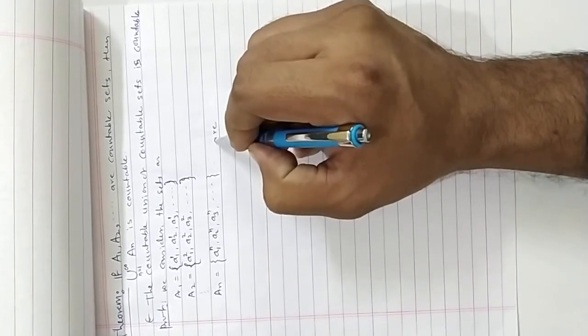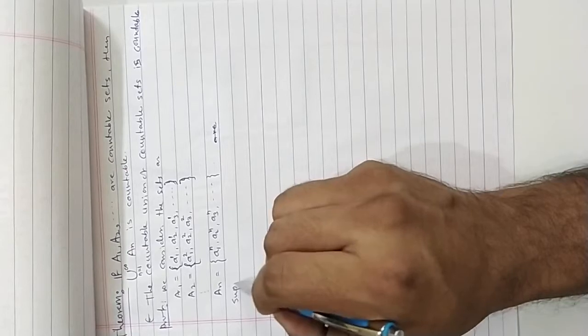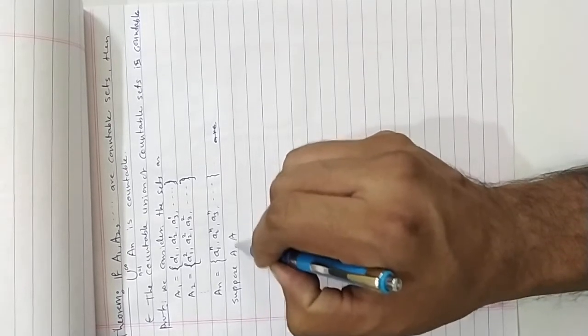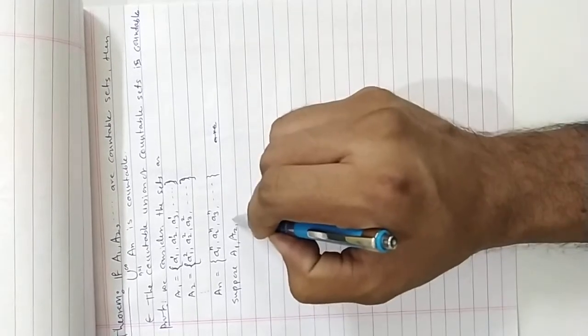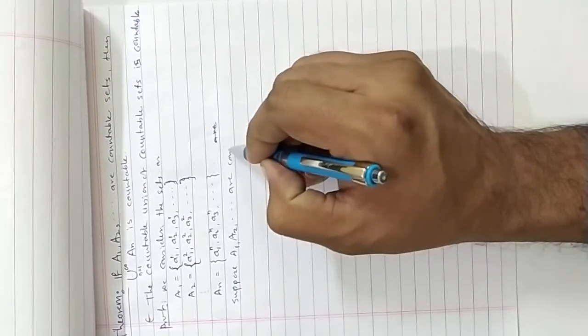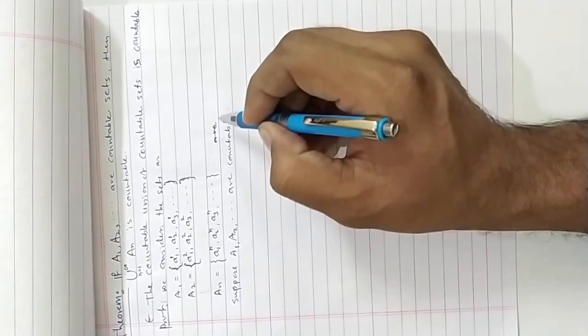So suppose A1, A2 and so on are all countable sets. What we wish to show is that their union is countable.